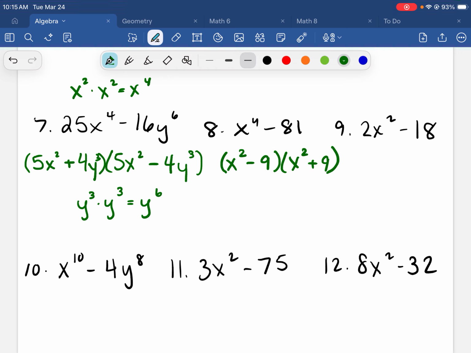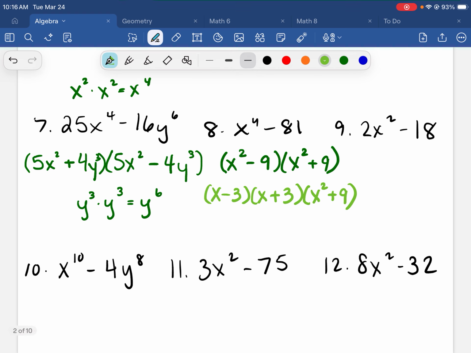X squared plus 9, we can't do anything with that because it's not the difference of two squares. It's the sum of two squares, so that stays as is. That's not going to factor nicely. But x squared minus 9, x minus 3, x plus 3, and we'll keep the x squared plus 9 because that's not the difference of two squares.